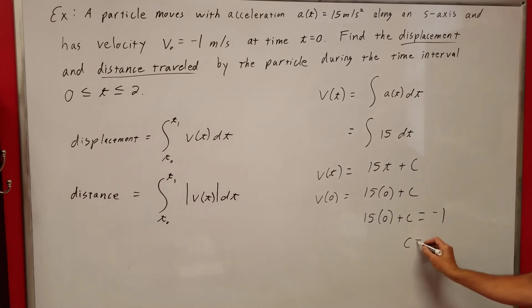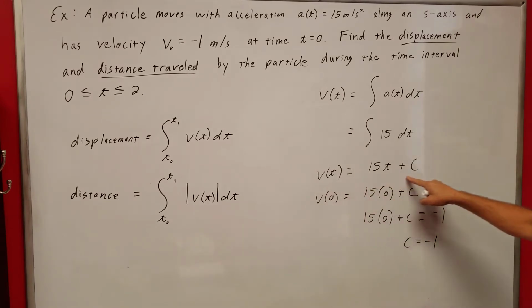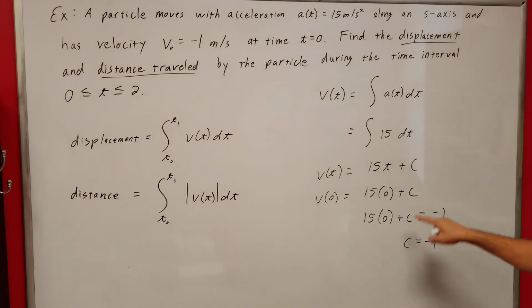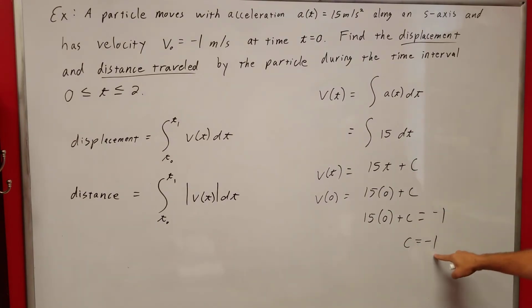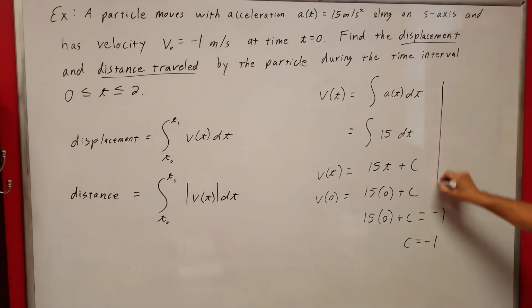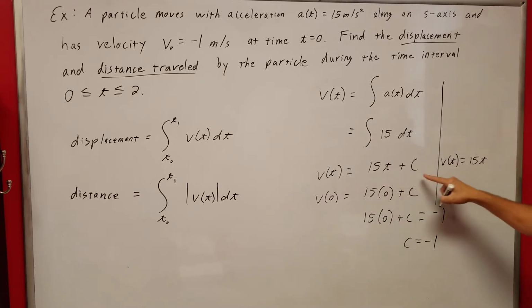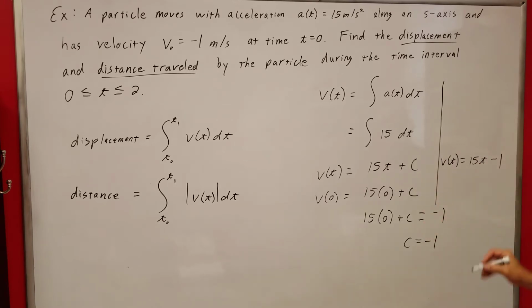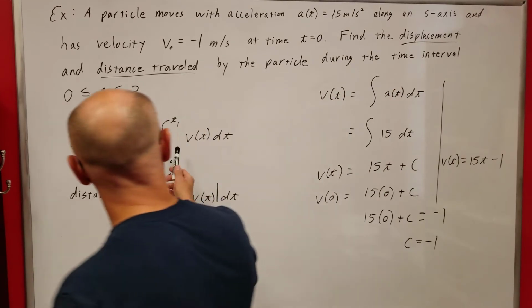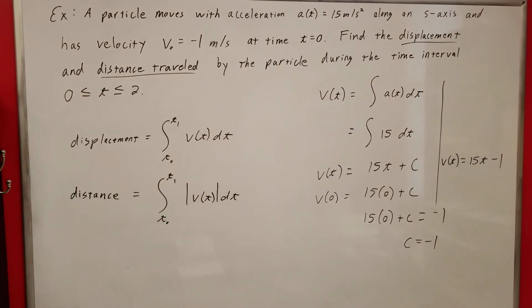So that means c is equal to -1. So what is my velocity function? It's going to be this, but with a c value of -1. So my velocity function v of t will equal 15t, instead of plus c, I'm going to put -1, right? So now that I have my velocity function, I can go forward and find these two things, okay?